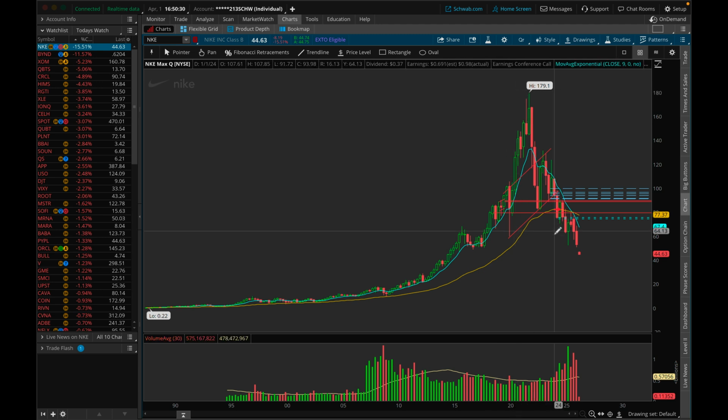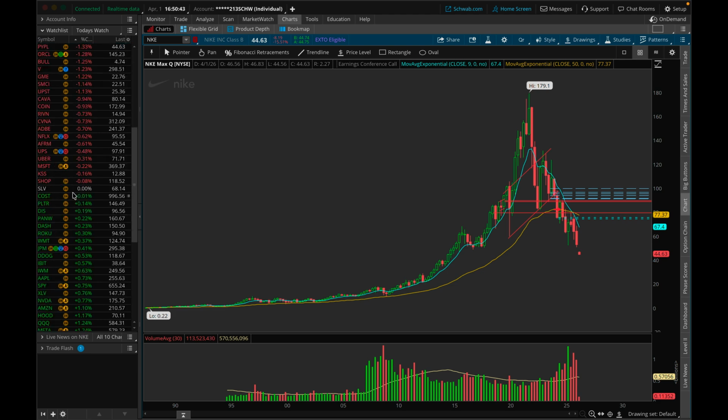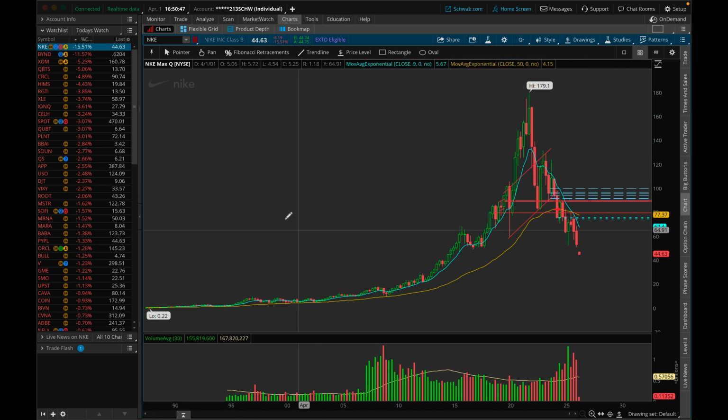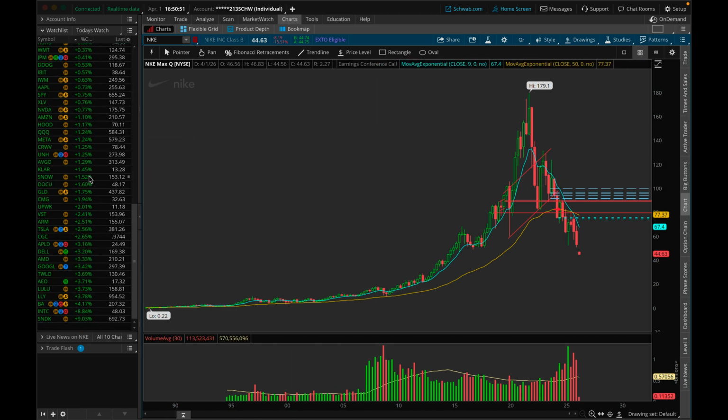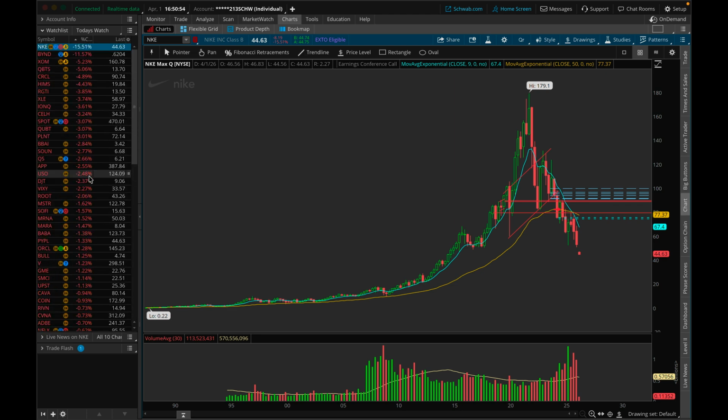From 179 down to 44 since 2021, and it's been a straight move down. Well, I don't know what's going on with Nike, but every stock, every company here has a story on the charts and off the charts, and there's a whole lot of perceptions in between that we can uncover in another episode. But there you go.